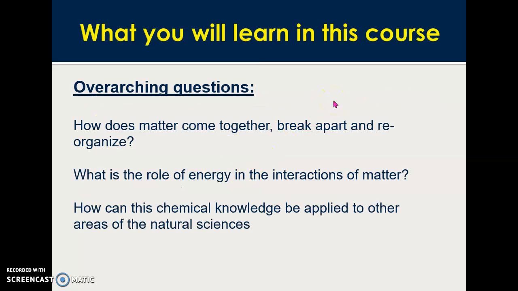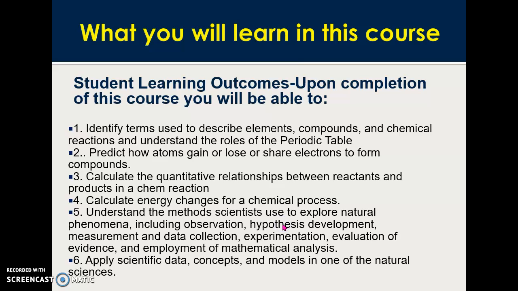Some of the things that we want to just ask ourselves and reflect on: how does matter come together, break apart, and reorganize? What is the role of energy in the interactions of matter? How can this chemical knowledge be applied to other areas of the natural sciences? We want to make sure that you have some knowledge of chemistry when you leave at the end of the semester, particularly about the role of the periodic table and understanding elements and compounds and chemical reactions.